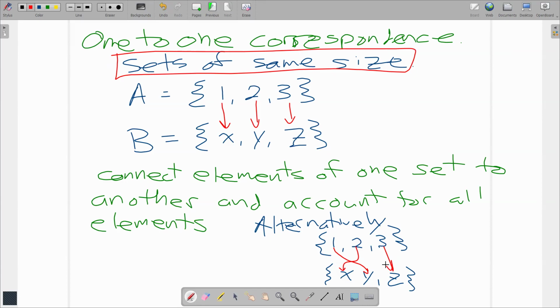The order doesn't matter. It just matters that there's a connection from an element in one set to an element in the other set, and I got to account for all of them.